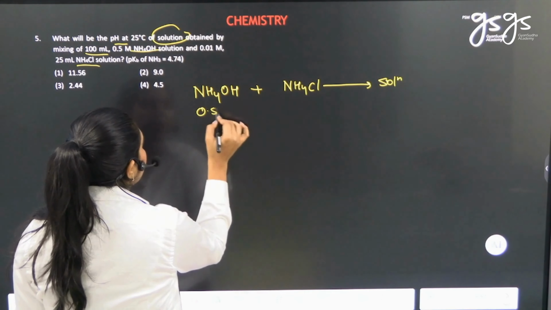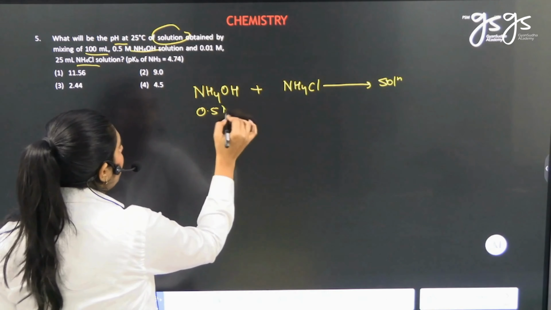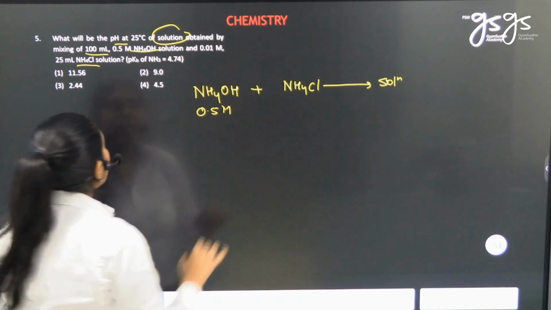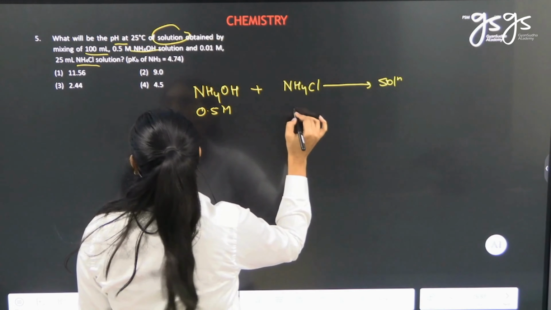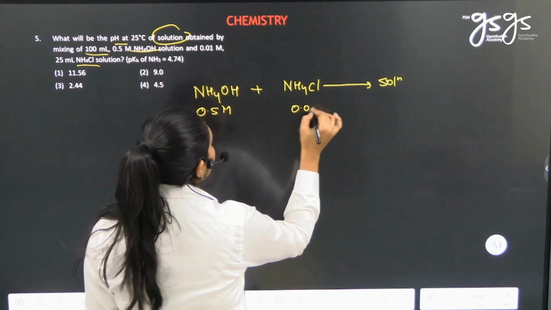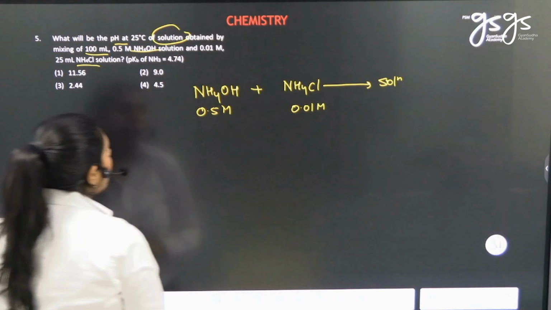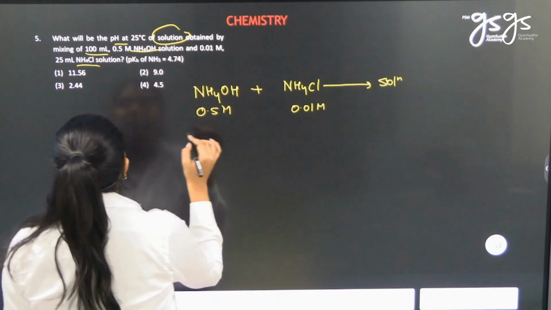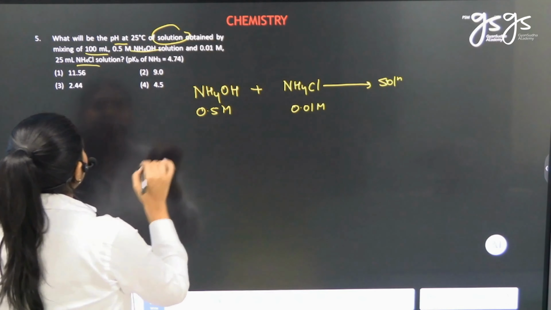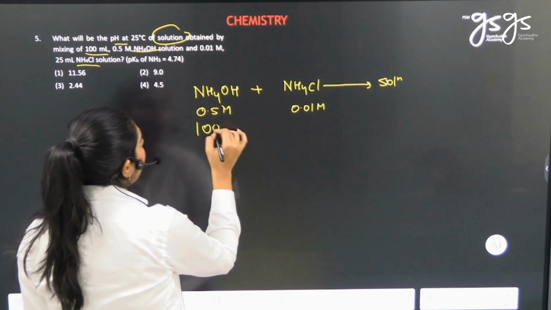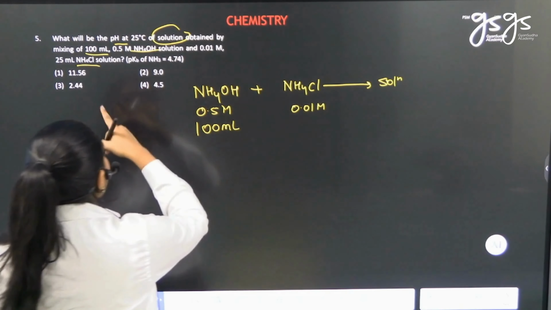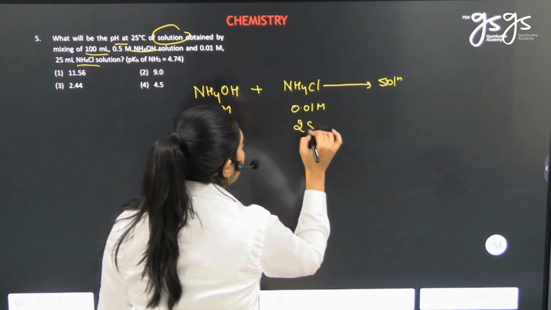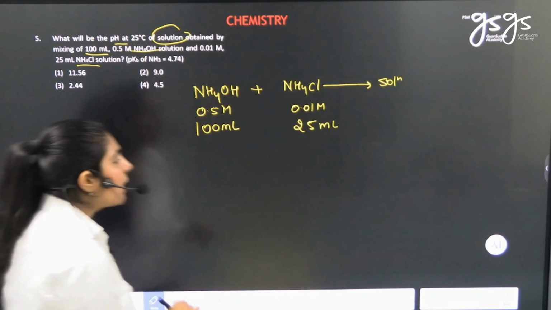The concentration term, molarity, is given: 0.5 molar for ammonium hydroxide, and 0.01 molar for ammonium chloride. What else is given? The volume: it is 100 ml for ammonium hydroxide and 25 ml for ammonium chloride. These are our given values.